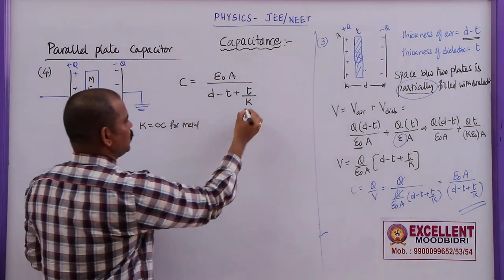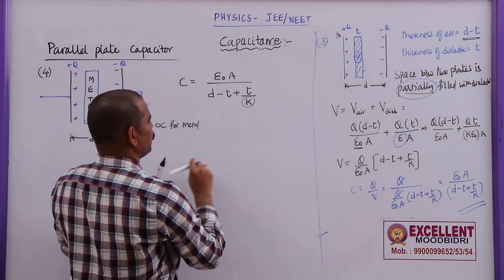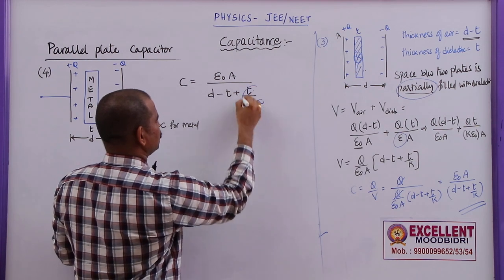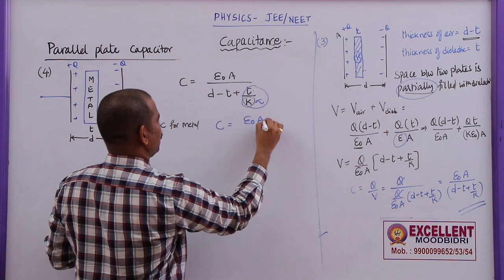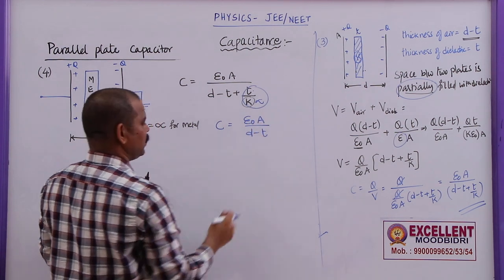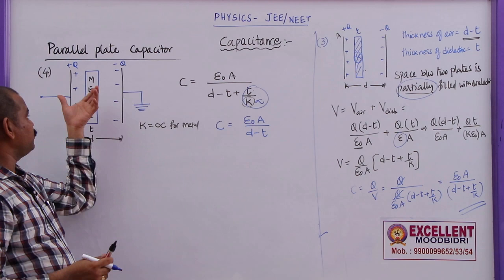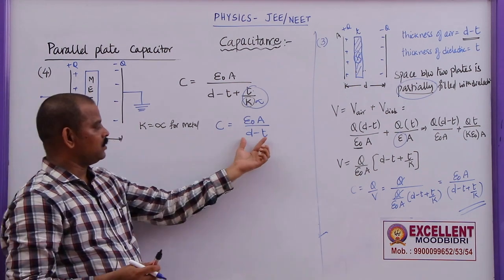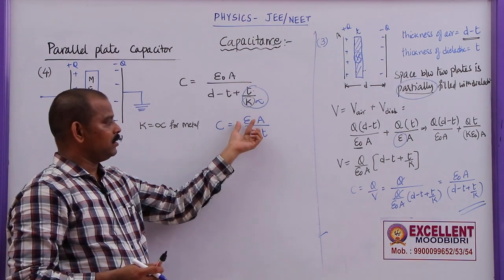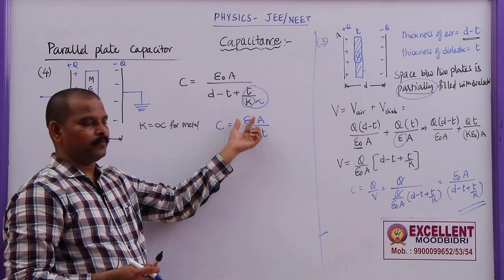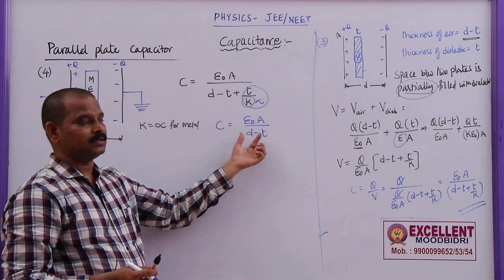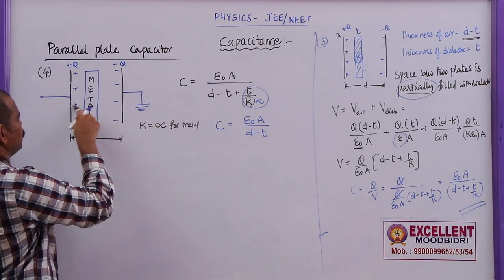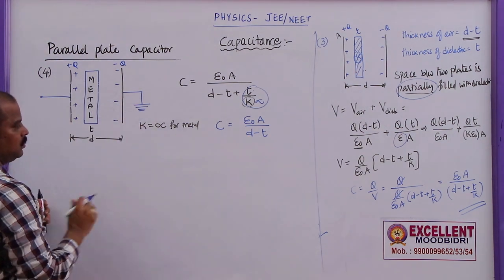So, if you substitute infinite here, t by k will become 0. The capacitance in this case will become epsilon naught A by d minus t. That means the capacitance of this capacitor only depends upon the area of the plate, epsilon naught, that is permittivity of free space, and the thickness of air between the two plates.